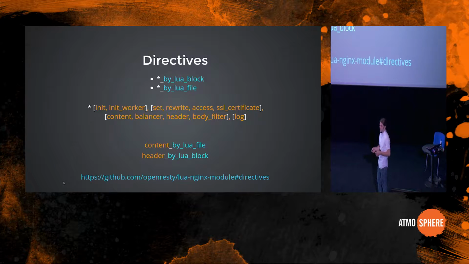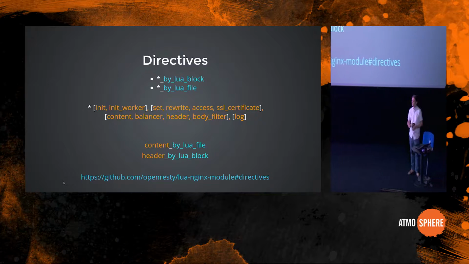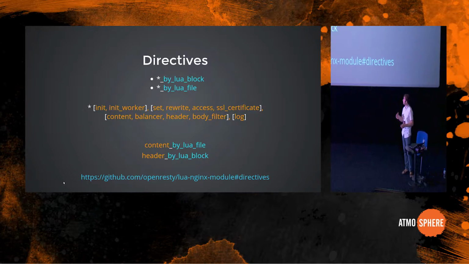And you can use a file, or you can just inline a Lua block. That just depends on what you want to achieve. And this Lua module is really nice because you can incorporate this into nginx in many places. I didn't have any problems, so I could incorporate it in every place that I wanted to.